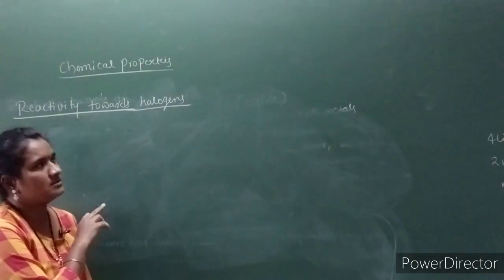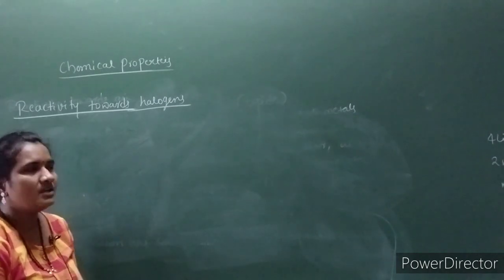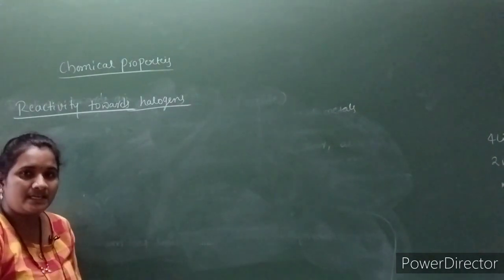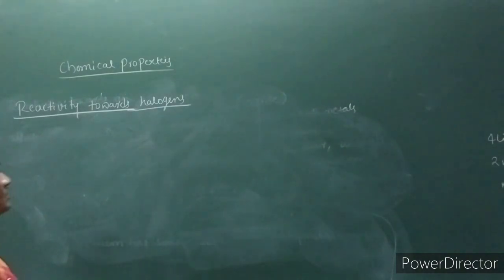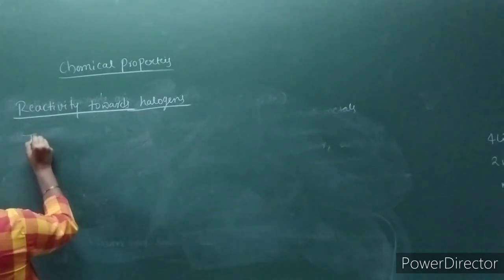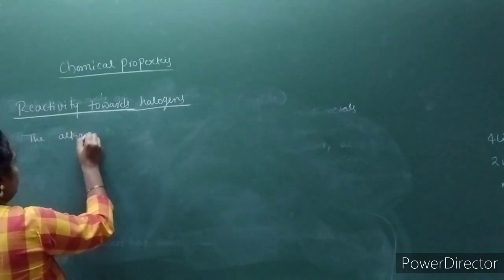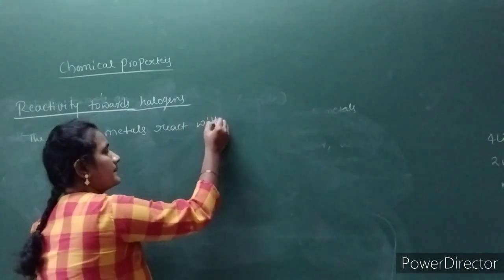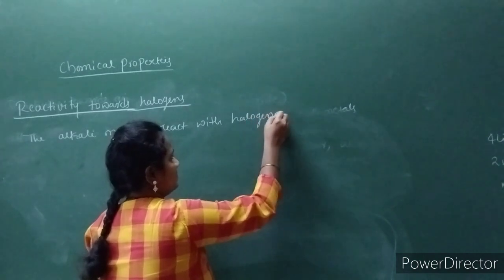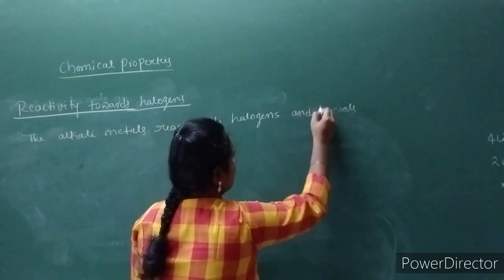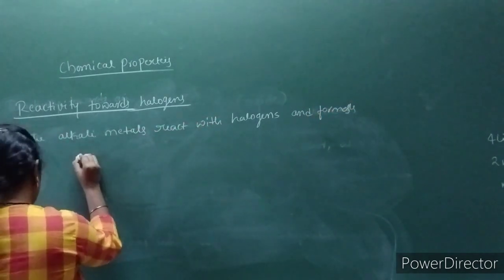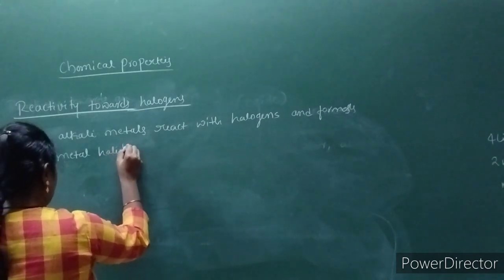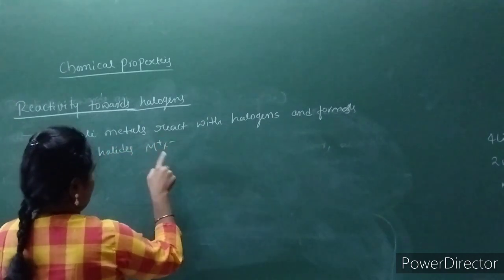Just as in the previous property, when they react with hydrogen they form corresponding metal hydrides, when they react with halogen, they form the corresponding metal halides, that is M+X-.